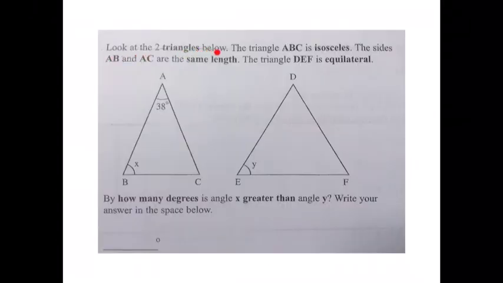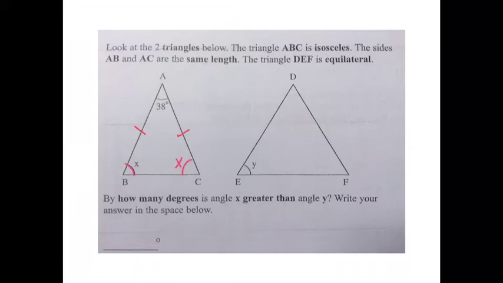Look at the two triangles below. The triangle ABC is an isosceles, so this triangle on my left is an isosceles. The sides AB and AC are the same length. So we know that this side is the same length as this side, which then means that this angle X is the same over here.